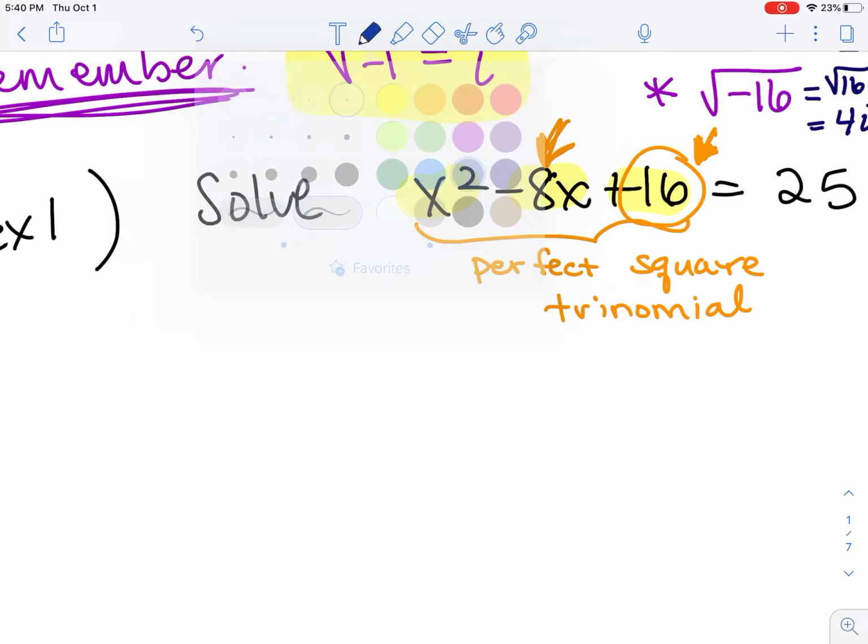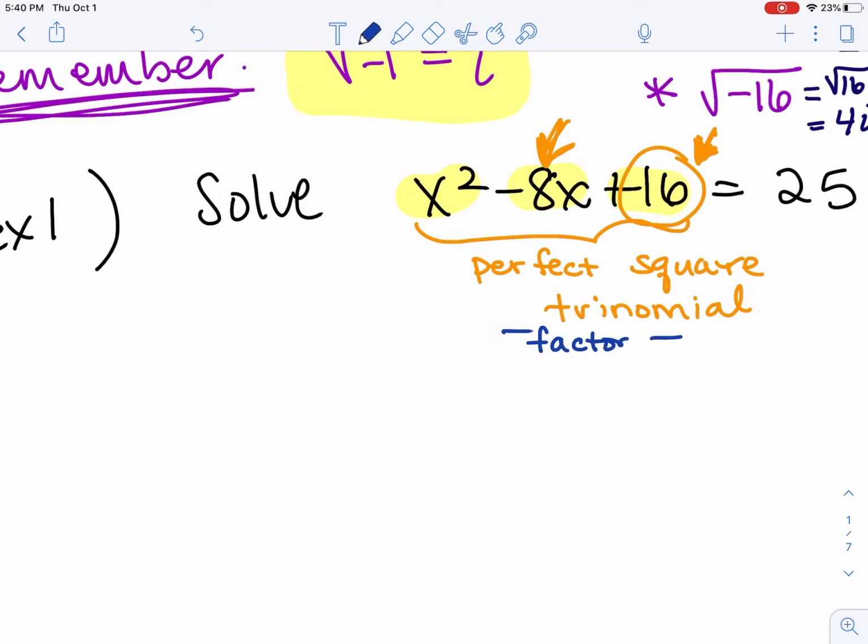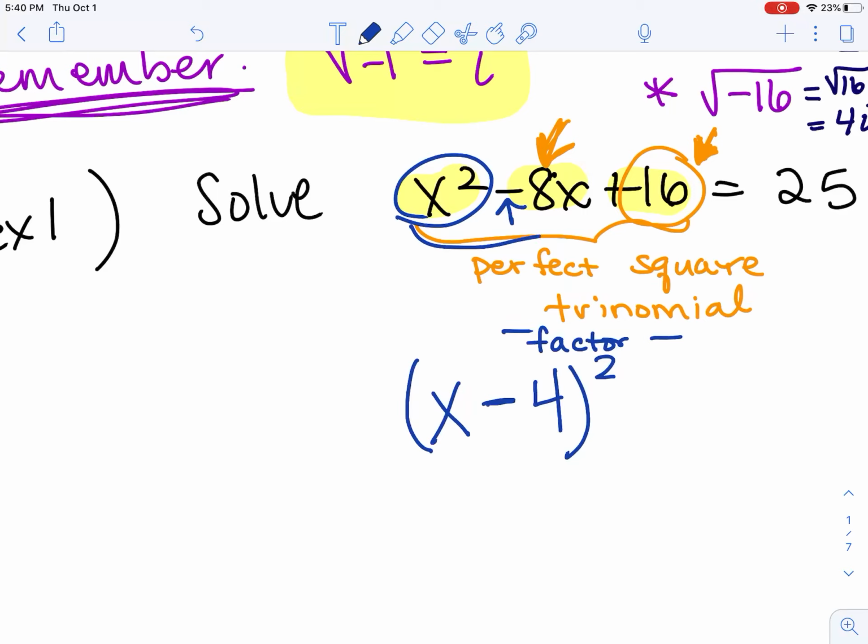So when we factor a perfect square trinomial, it becomes a perfect square, where we know x squared is really x times itself, and the root of 16 is really 4, and we take the sign that's right here, so we put a minus. So we know (x minus 4) squared is the same as x squared minus 8x plus 16. If we were to FOIL that out, that's what we would get, and then we bring down the equals 25.